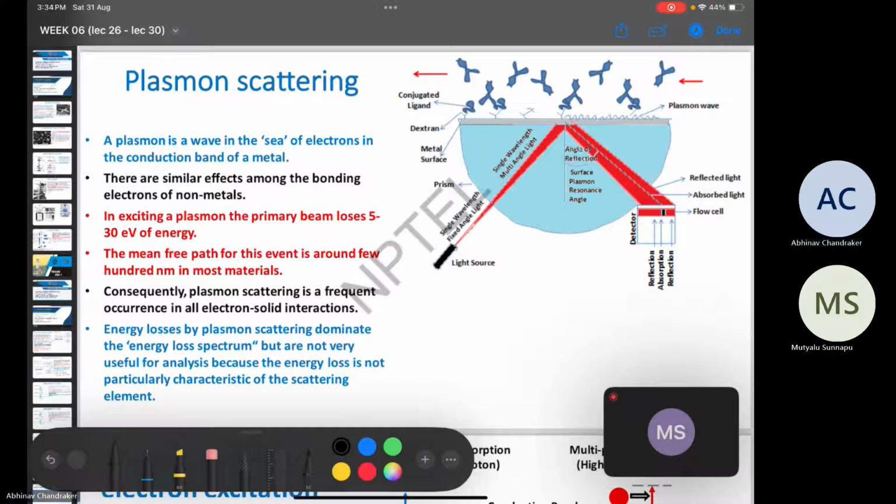And it is due to this sea of electrons that we see conduction in metals. So when the incoming electron interacts with this sea of electrons, it can lead to generation of some electromagnetic radiation, which is called plasmon scattering.